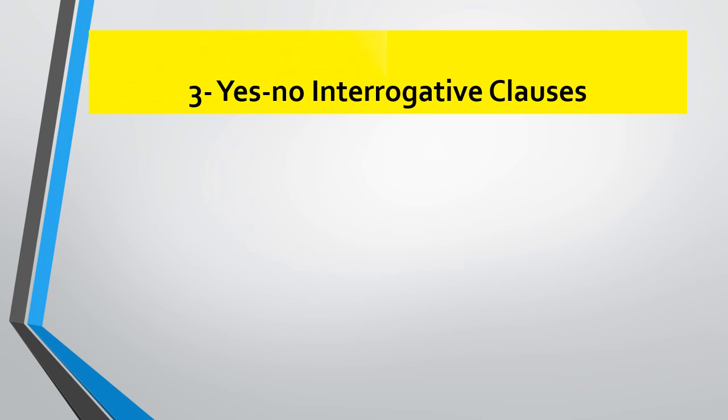The third type is yes-no interrogative clauses. Yes-no interrogative clauses can occur in two forms. Either it is preceded by if, or it is preceded by whether. So this is the clue for this type.